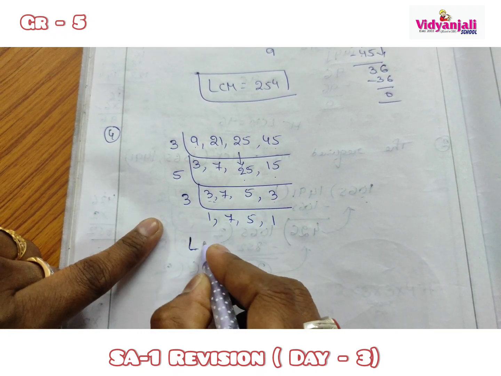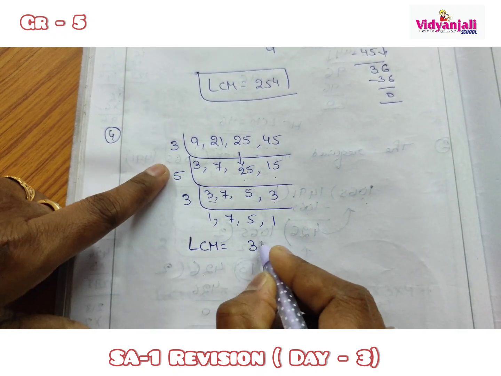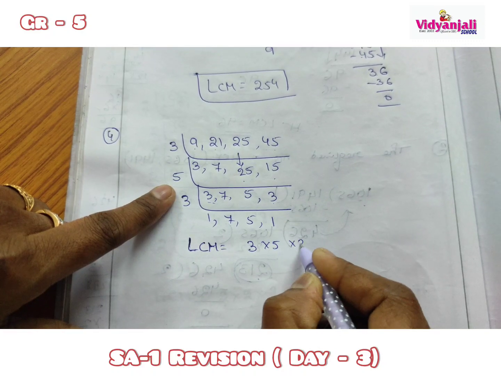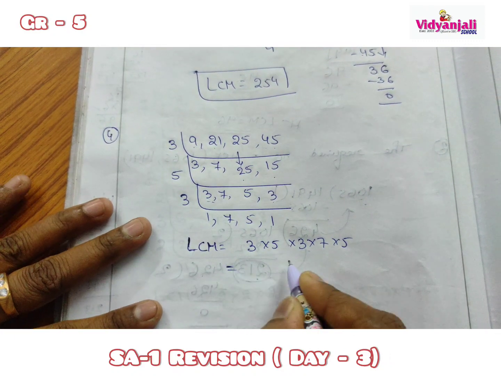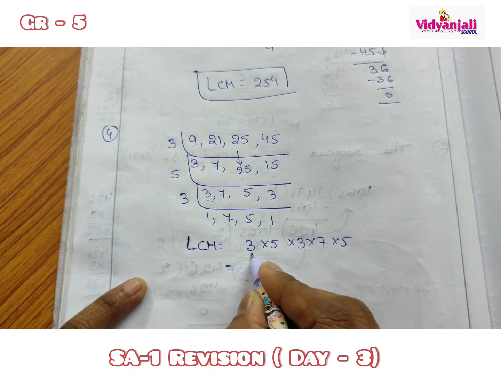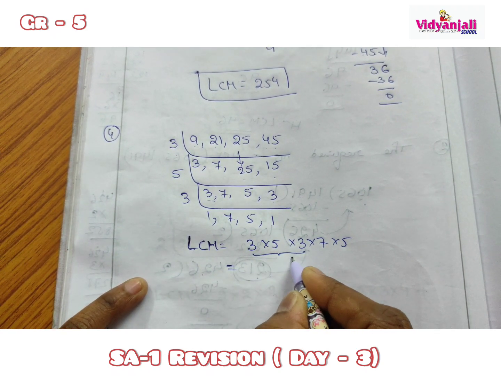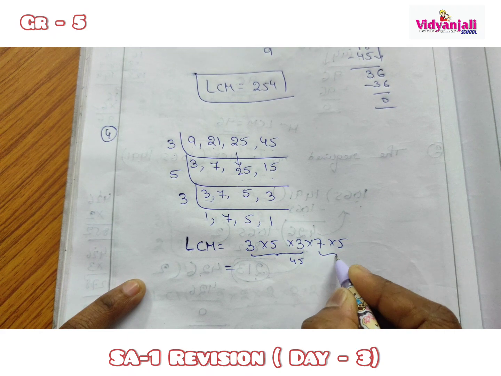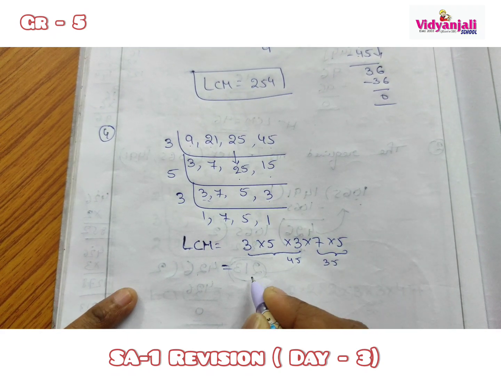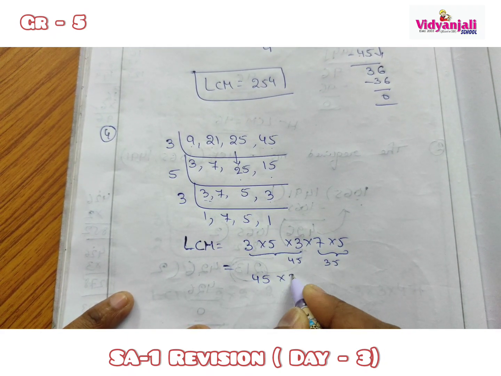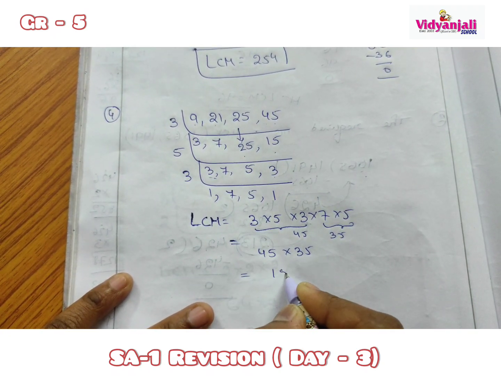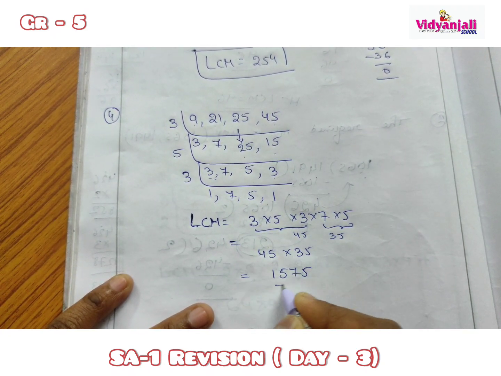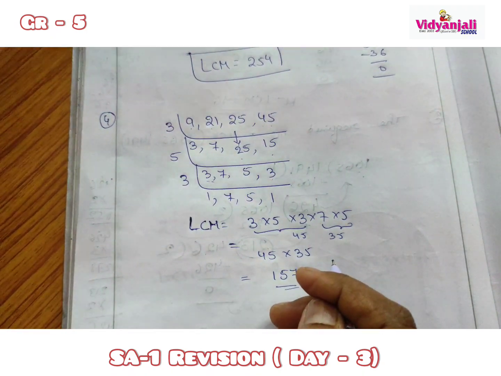So let's find the LCM. So 3 into 5 into 3 into 7 into 5. So tell me children, 3 5s are 15, 15 3s are 45, 7 5s are 35. So let's multiply 45 and 35, where we will get the final answer 1575. And in the question a phrase is added.